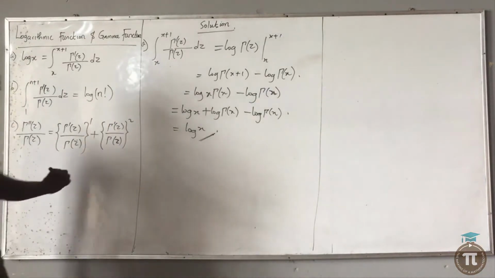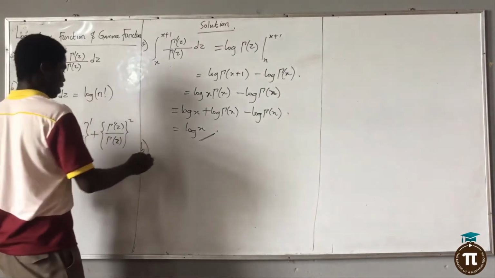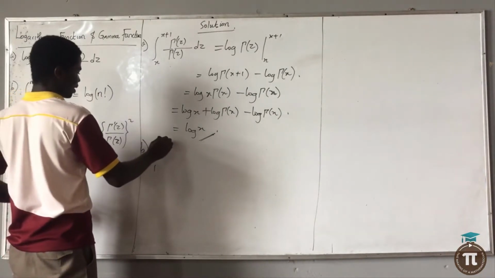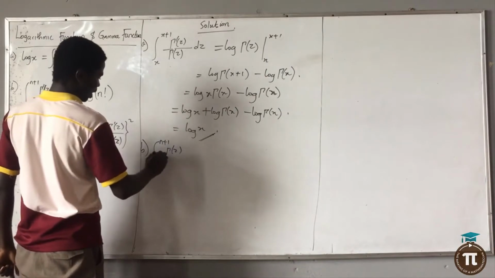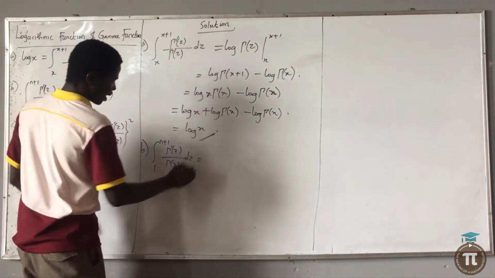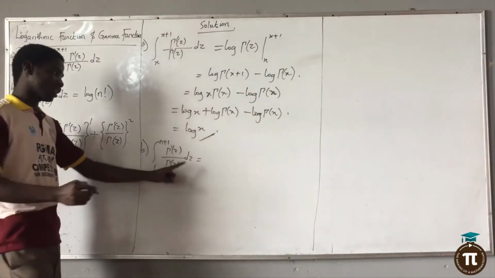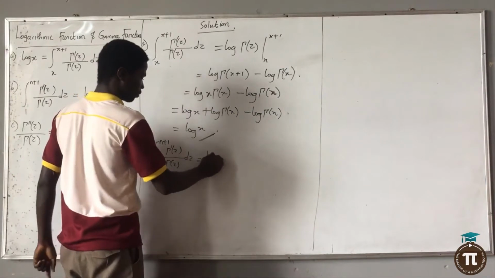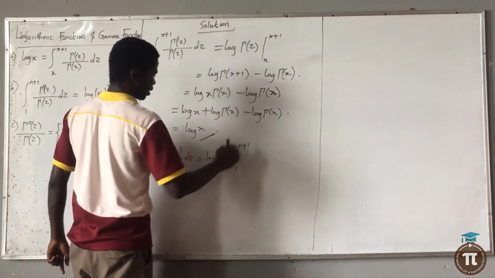So the second one is similar, just the way we applied the first one. Since what is at the numerator is the differential of what is at the denominator, this will become log of gamma of z, from 1 to n plus 1.